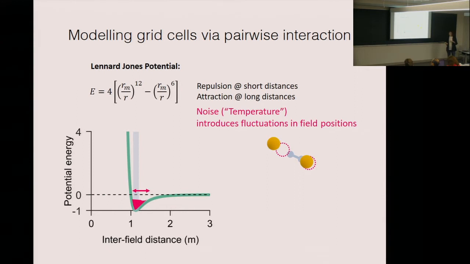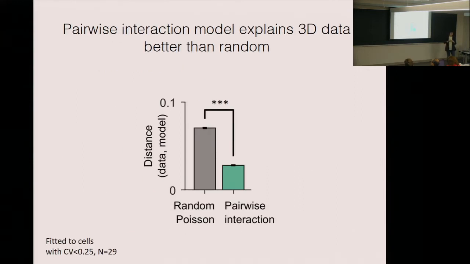And using this model, when we compare the distances between all pairs of fields, our model explains the data much better than when we simulate fields randomly arranged in the room using random Poisson.